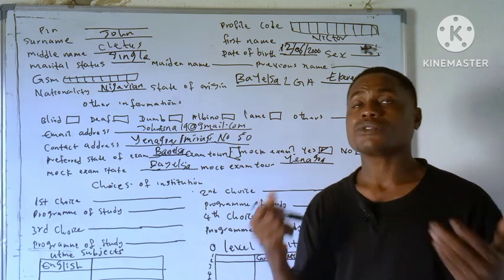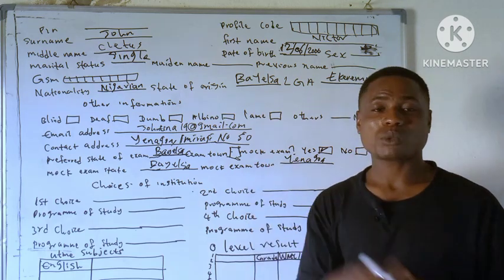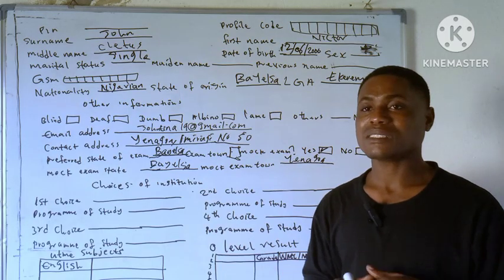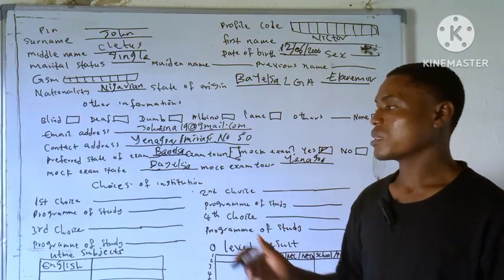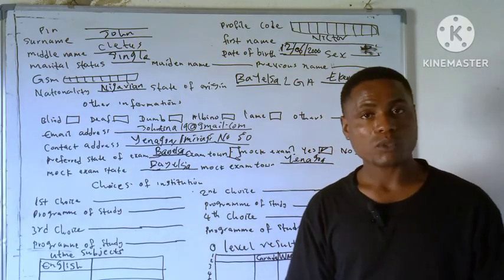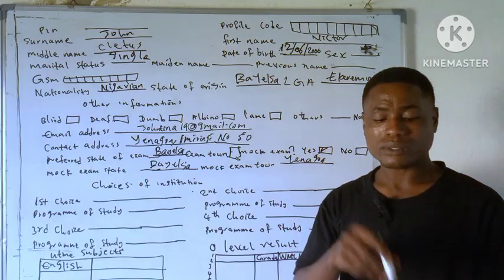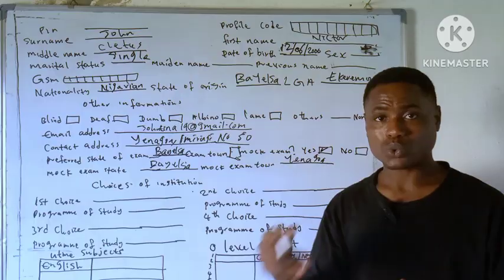So all these Uniport, Uniben, all these top universities, even state universities, most of them are accepting first choice. So just think in your mind, where do you want to study, which school?